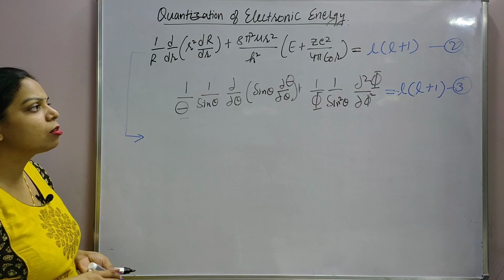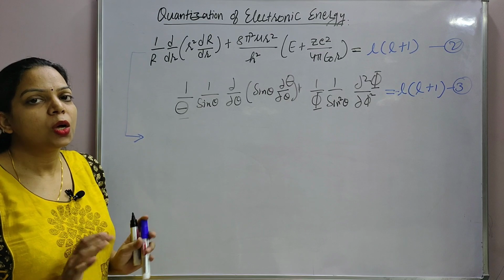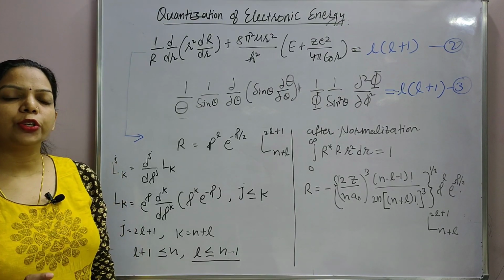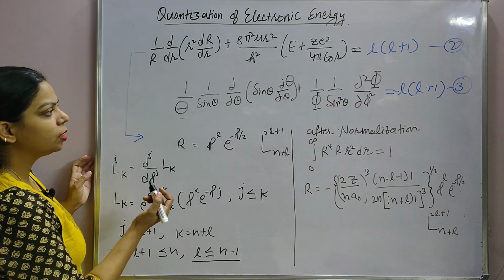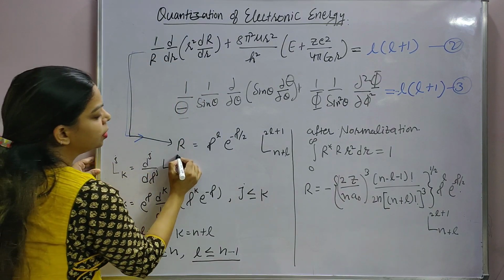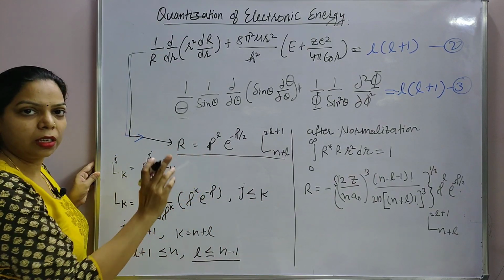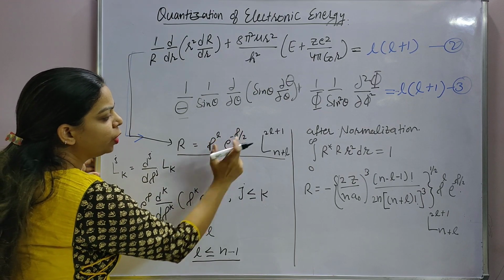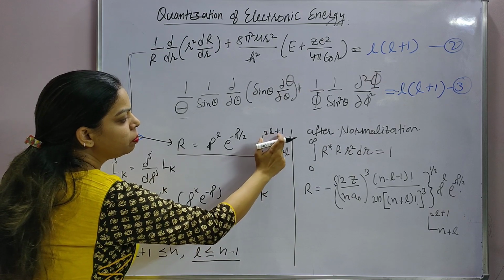Now again, you need not solve this entire equation. This is again a complicated one, so we are going to discuss only the solution. The solution for our equation will be something like this: rho, some other constant, raised to power small l, e raised to power minus rho by 2, capital L, with n plus l and 2l plus 1.